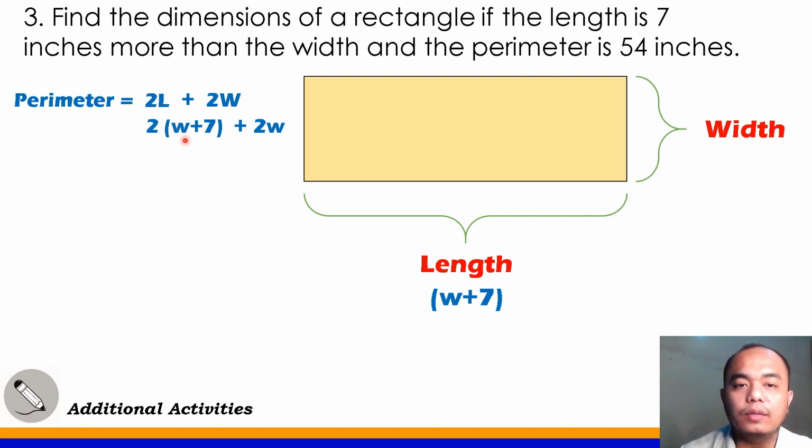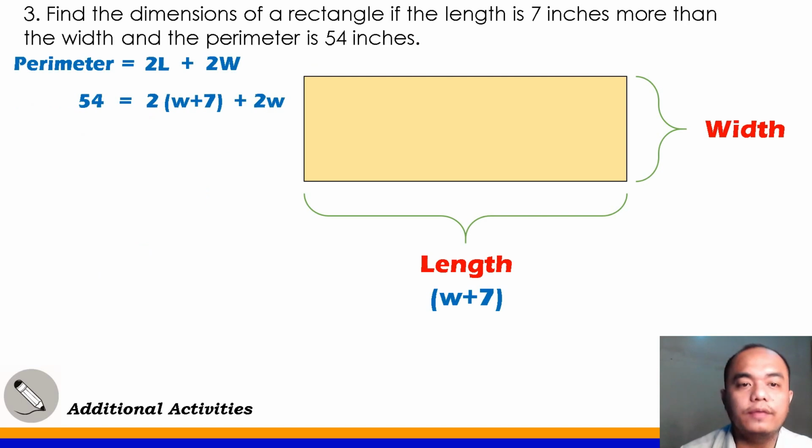And then yung L natin would become W plus 7 plus, again, 2W here. Okay? Wala kasing width na binigay. So, equals 54. Yung perimeter natin dito, class, is 54. So, ito na yung equation na gagamitin natin, okay, para ma-solve yung W. Okay, para makumpleto. Kasi yung tinatanong dito, we will find out the dimensions of the rectangle, which refers to the length and the width. Okay?